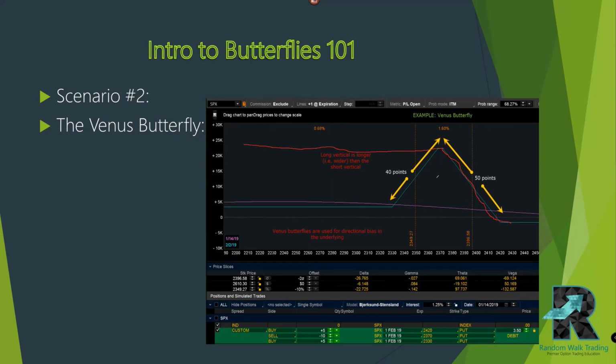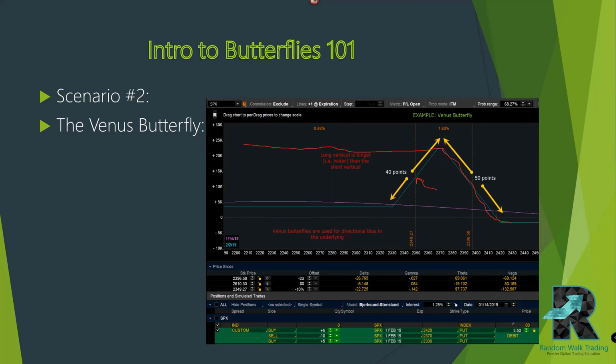And what I mention to folks is when we do Venus butterflies, I want to make sure that this short spread here, in this case the 40-point spread, I'm getting at least 25% of the spread width. Because if not, and the IV is too low, you're better off doing the straight vertical, or in this case the long put vertical, because when IV is low and you don't get that much for your short spread, the cost difference is going to be minimal.